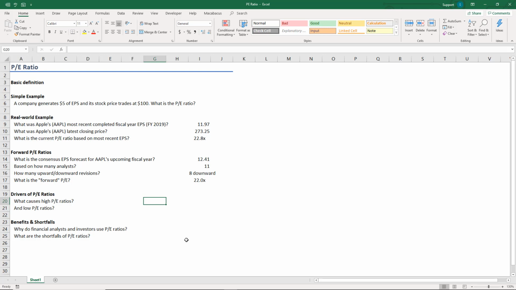Investors like stability. They like guarantees. They don't like volatility. So you would typically see higher multiples on companies that are more stable, more dominant, more recession proof. Conversely, when would you see a low price to earnings ratio? You would see a lower price to earnings ratio if a company's earnings are not growing or even declining.